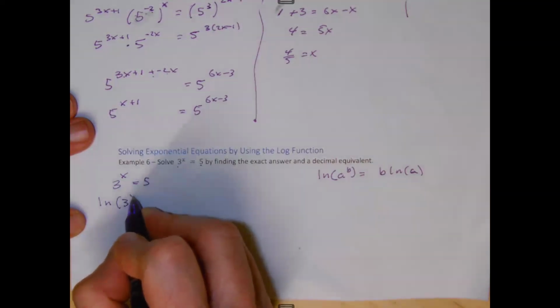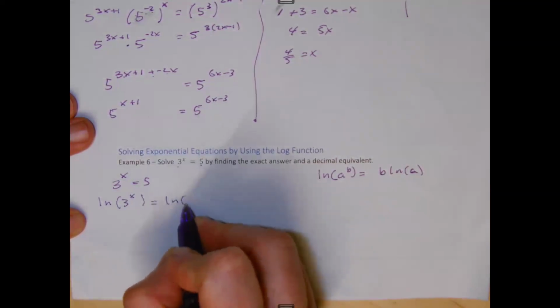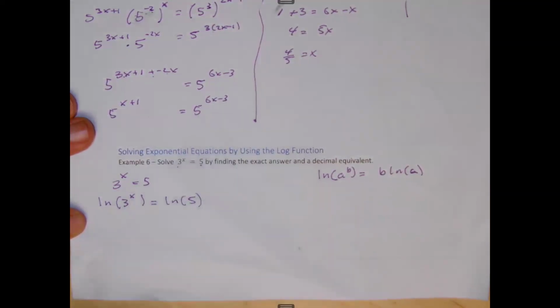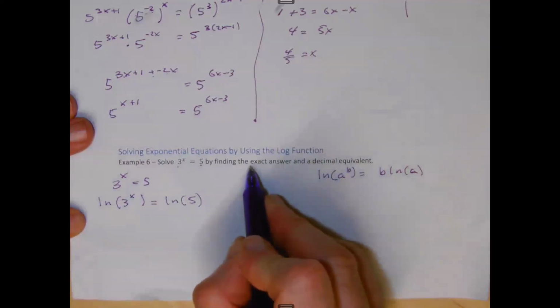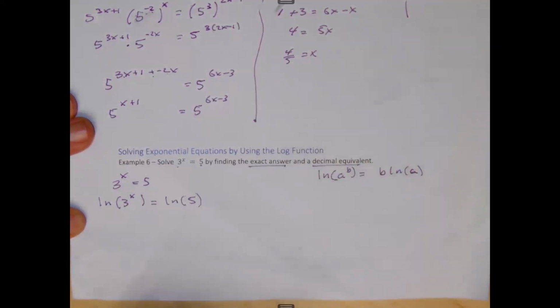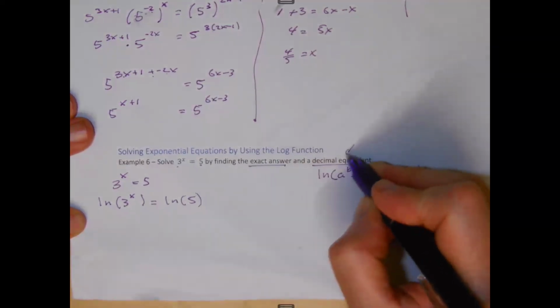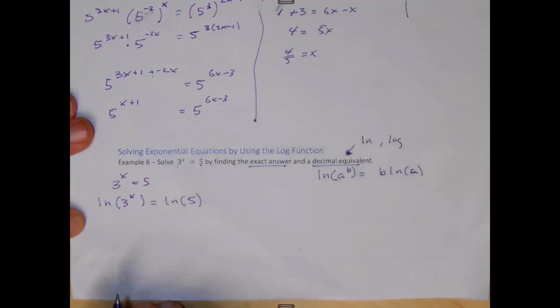Now, could I take the log of both sides? You can take the log, any log. The log itself is irrelevant, except for one little thing. We're going to do two things. We're going to find the exact answer, and we're going to find the decimal equivalent. Now, for the decimal equivalent, if you're going to use a calculator, natural log and log base 10 are the two that are clearly visible on all scientific calculators.